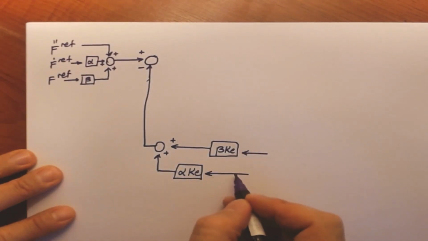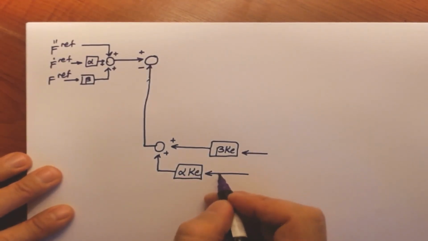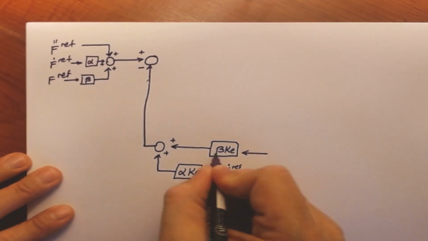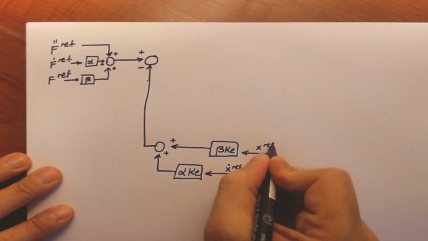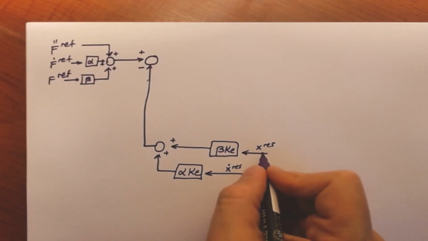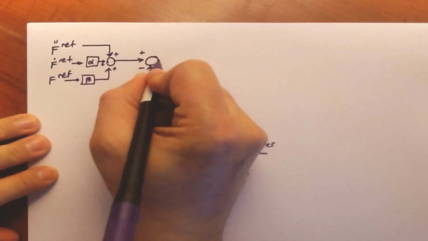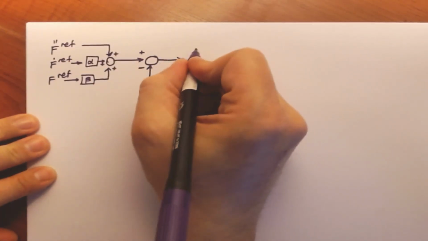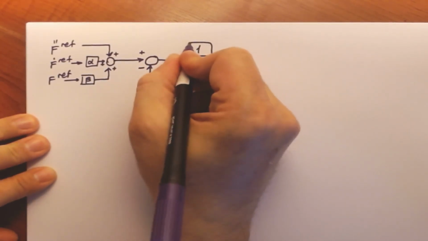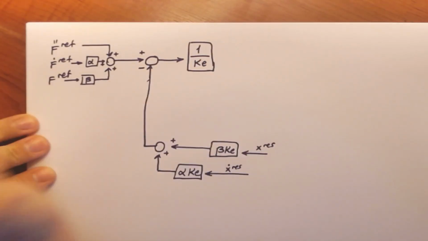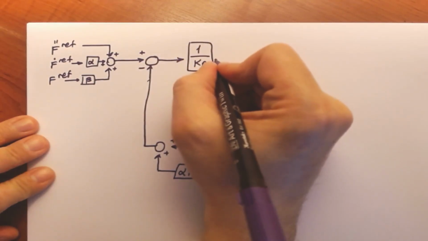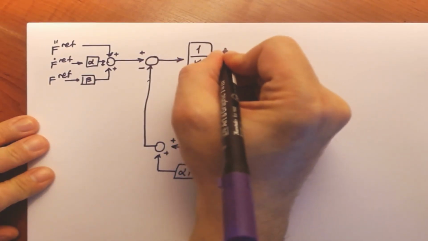Of course, these are alpha KE times X dot response, beta KE times X response. These are signals obtained from the response of your system. So altogether they should be scaled by 1 over KE, and then this gives us the desired acceleration.